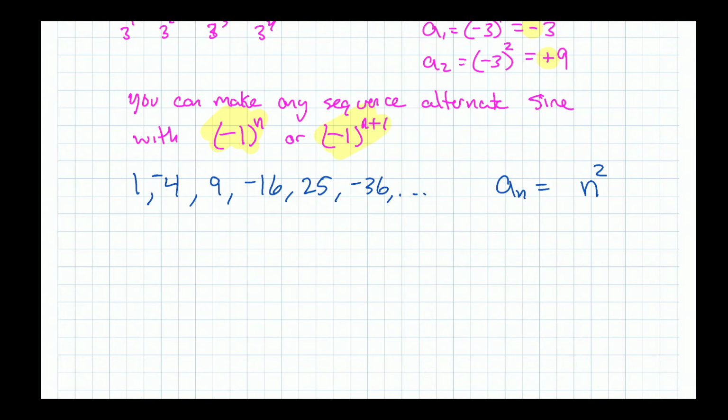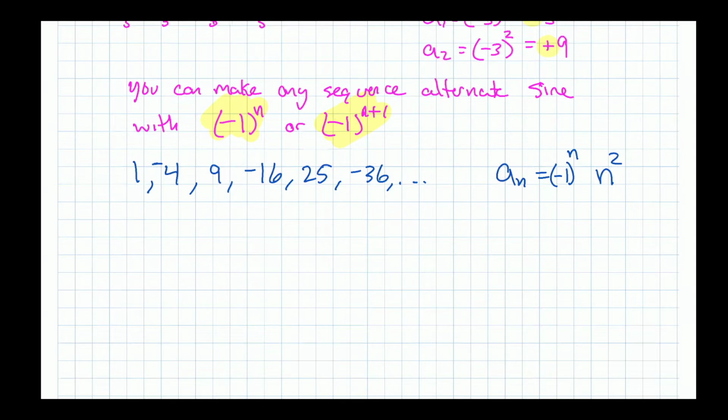So I start out just by writing -1 to the n. But then what I want to think about is, when I write -1 to the n, is that actually going to give me the signs that I see there, right?